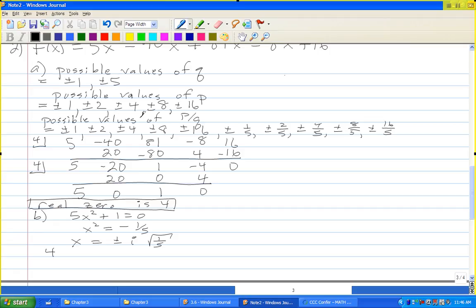And determine whether the graph crosses or touches the x-axis. Well, maybe it should have said list the multiplicity of each real zero, because the non-real ones don't cross. So those are the other two roots, but this question really doesn't ask that. List the multiplicity of each zero. So 4 has multiplicity 2.